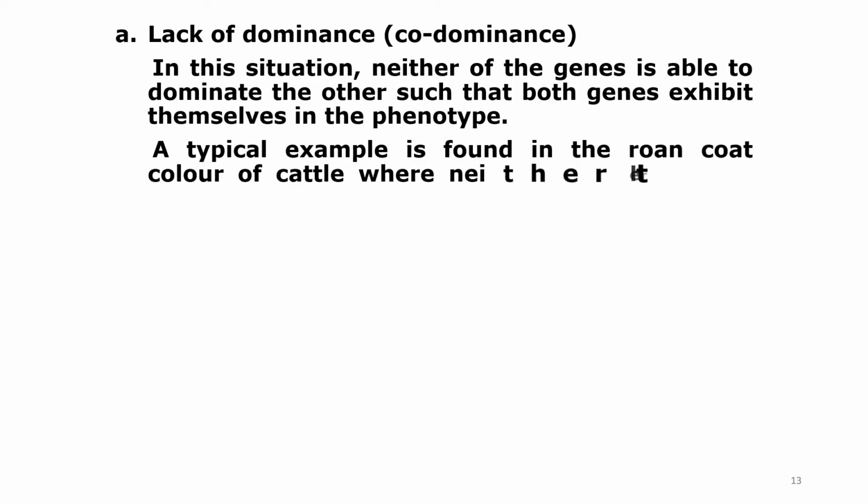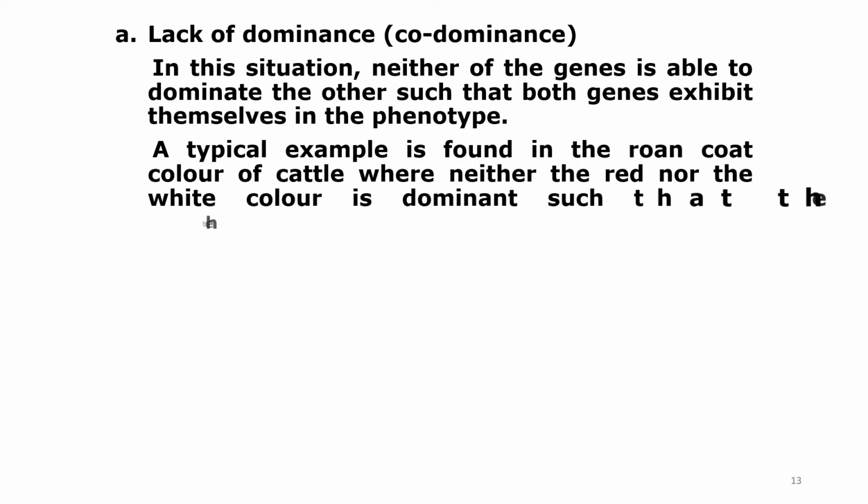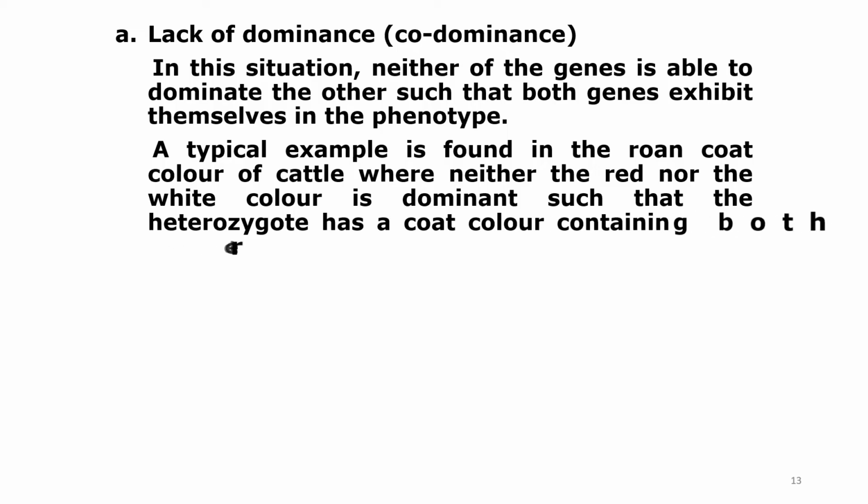A typical example of this is found in the coat color of cattle, where when a red cattle is mated with a white colored one, neither of the two colors, red or white, is able to dominate the other, such that in the heterozygote animal, both colors are shown in the coat of the animal.